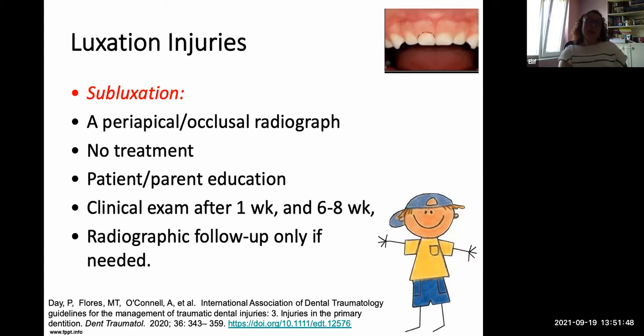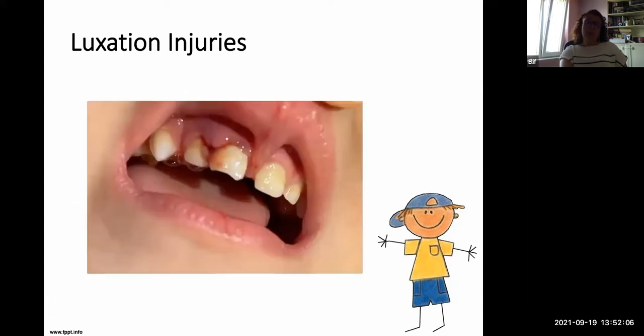We need to make clinical examination to the 8th week for follow-up. Radiographic follow-up is only needed when we are suspicious about any pathological situation.